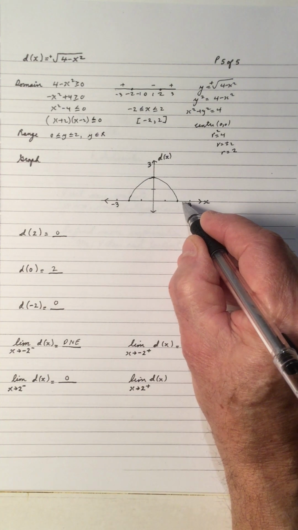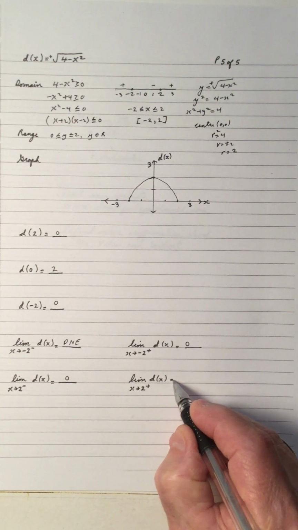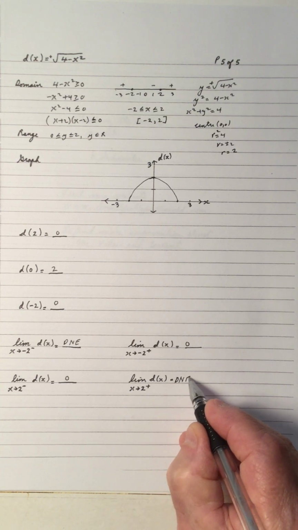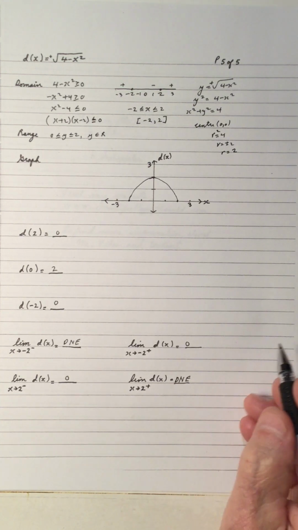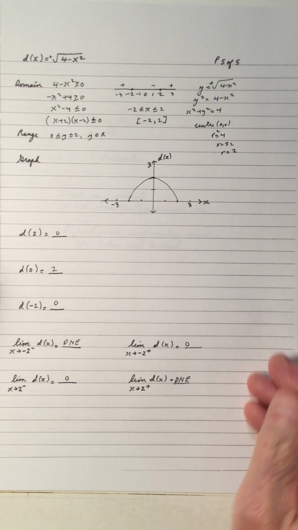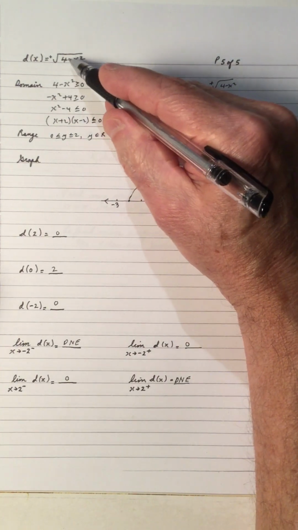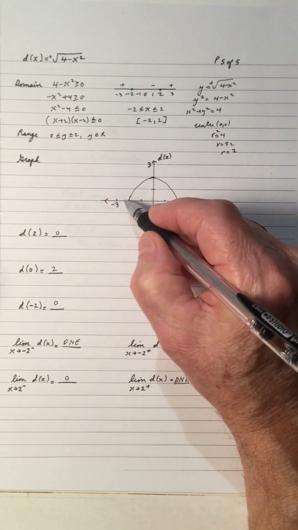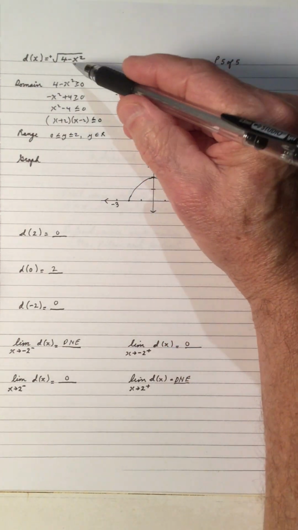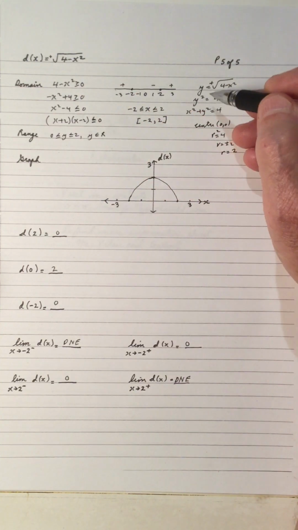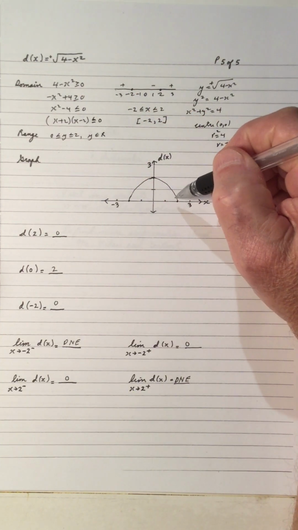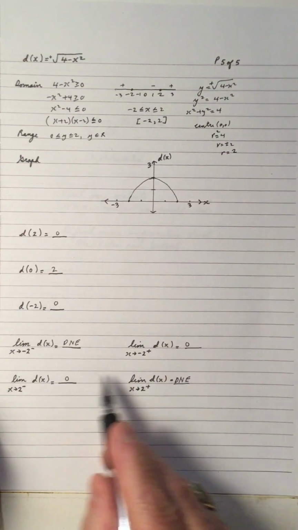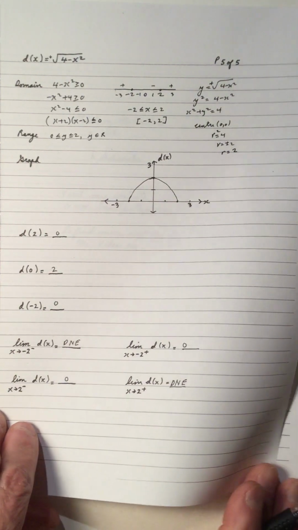Approaching 2 on the positive side, can't do it. So it does not exist. I thought that one would be interesting to look at, the one-sided limits in relation to this half a circle. And again, squaring this and seeing where it came from, realize that I have a circle, the upper half, and the limits, then you can see how they work.